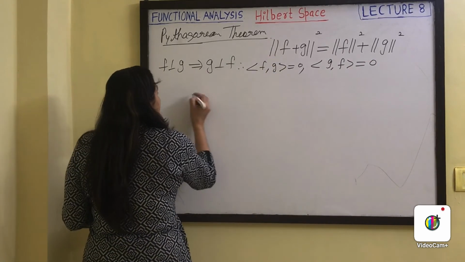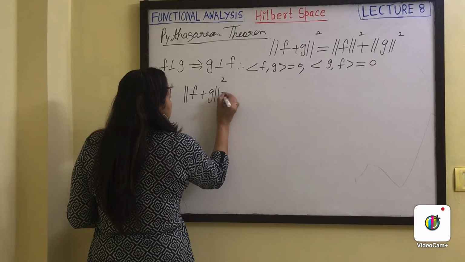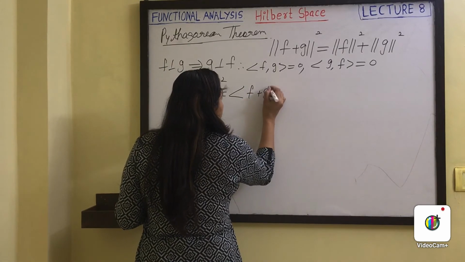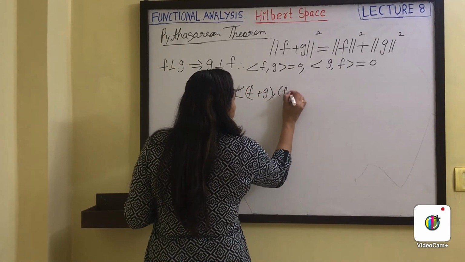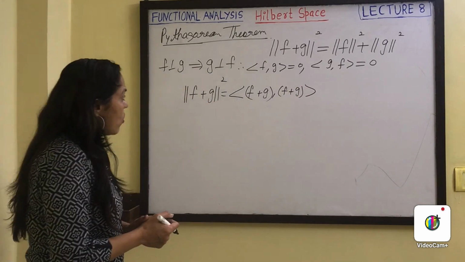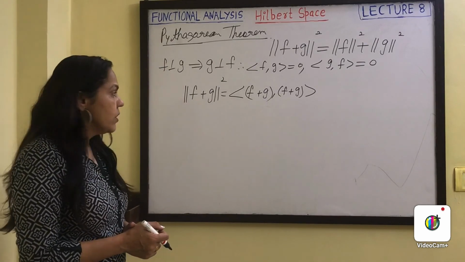Now we start from the left hand side. It can be written as the inner product of f plus g comma f plus g, by the definition of norm in terms of inner product.